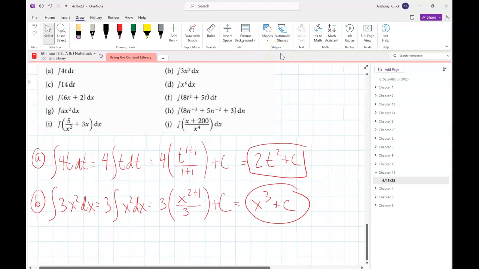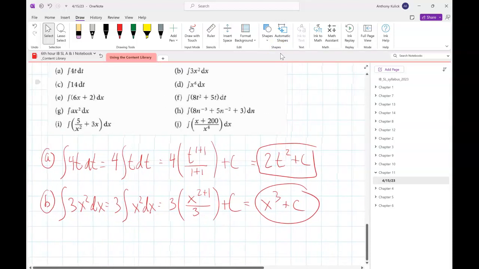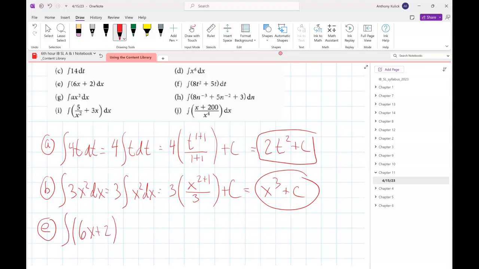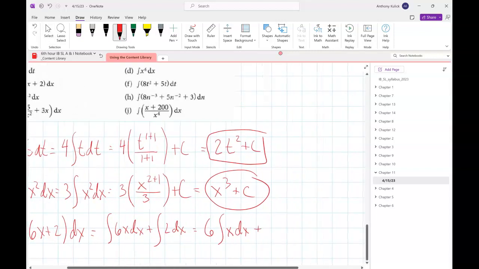Okay, I don't think we're going to do all of these because C and D I think are pretty similar to what we've just done. Let's skip ahead and maybe go to do E. That looks like a good one. So E, the first thing I'd want to do is distribute my integration. And then I can take the 6 and move that out front, as well as the 2 and move that out front.